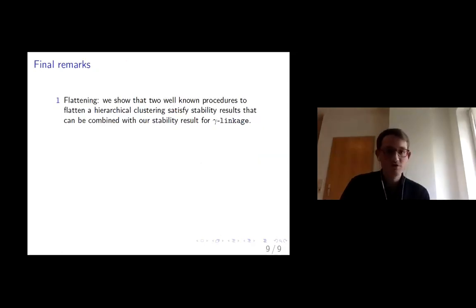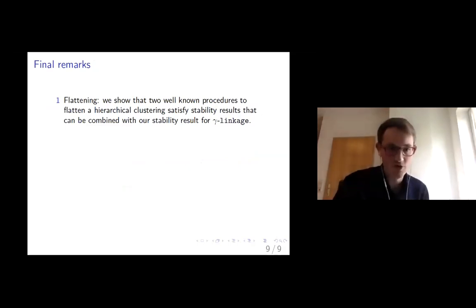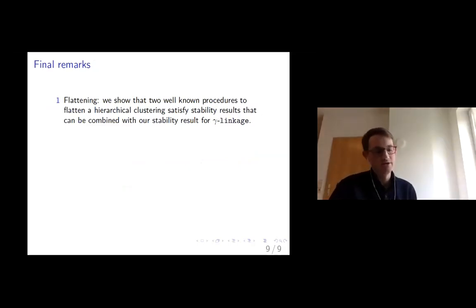Okay, and so I'll just finish with a couple of quick final remarks. In this paper that we put on the archive, we also talk about flattening. In practice, a common reason that people construct hierarchical clusterings is to then extract a flat clustering from the hierarchy. Very roughly speaking, the idea is often that one wants to extract flat clusters that persist for a significant period of time in the hierarchy.